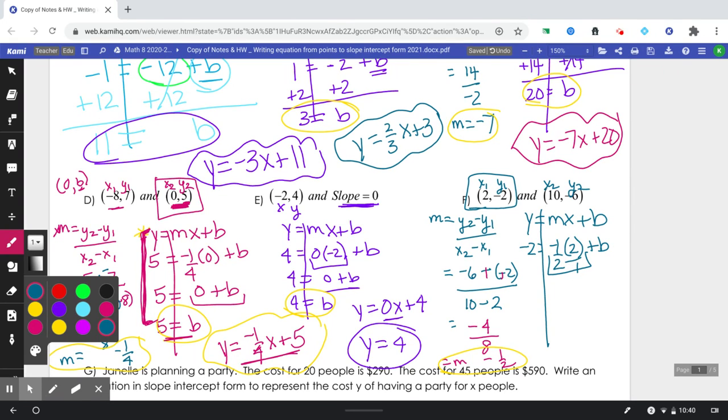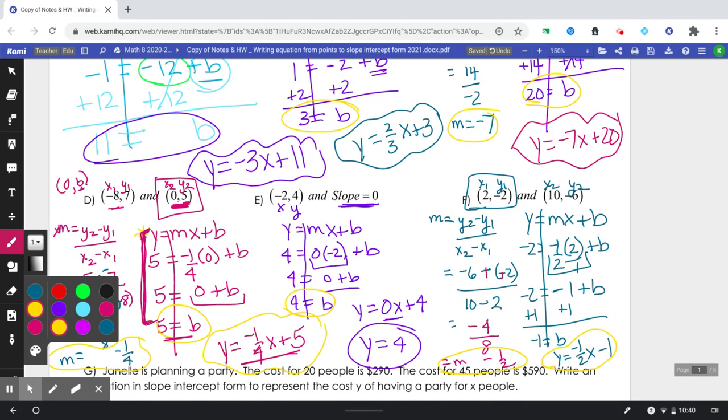All right, so negative times a negative is a positive, and half of 2 will be 1. Bring down the -2. I need to get b by itself, so I'm going to add 1 to both sides, and I will find out that b will equal -1. All right, we can put it all together. Y equals -1/2 x minus 1 will be the final equation.